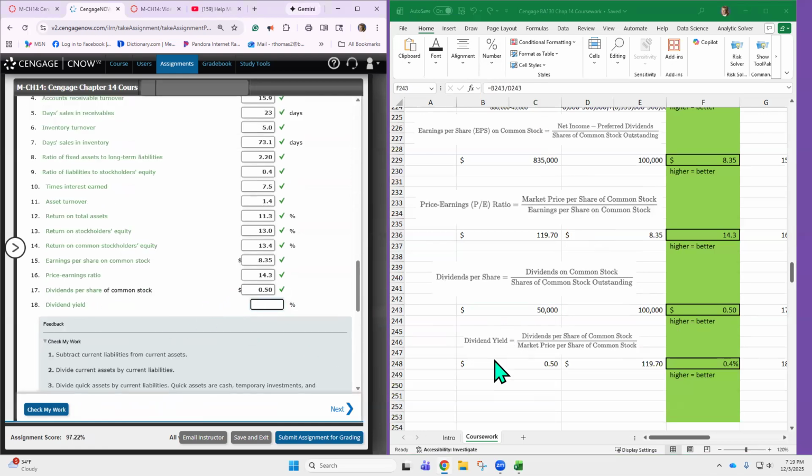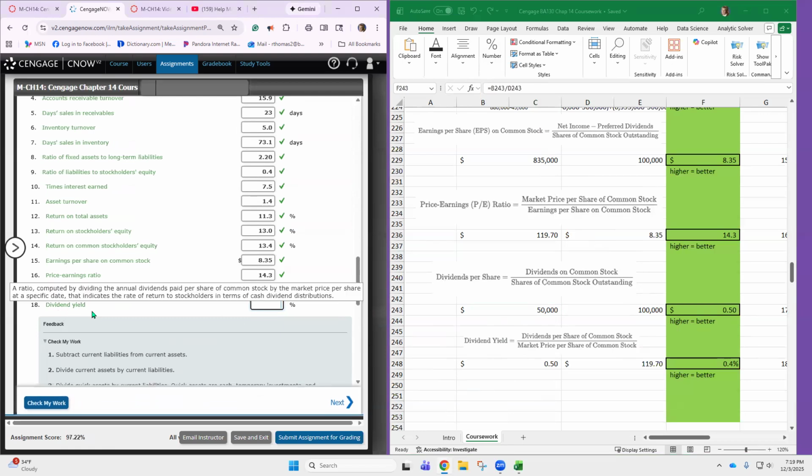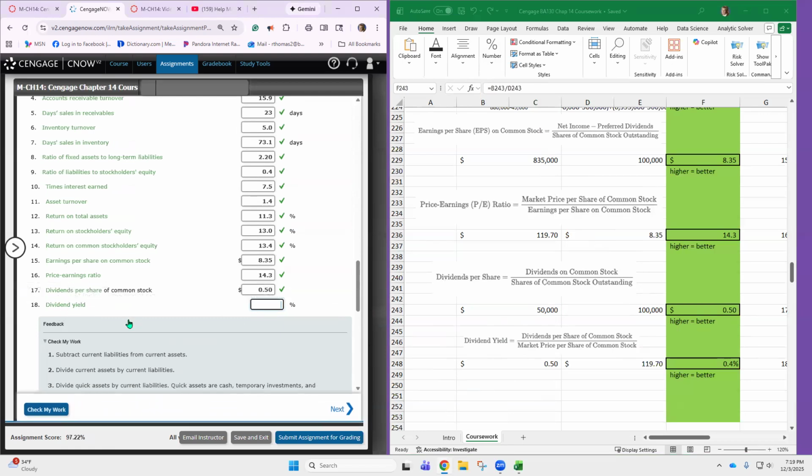Now we're going to do something called dividend yield. When you see the word yield, it's kind of like the word return. Notice it has a percentage. So sometimes returns are called yields, and it just matters what you're looking at. So we're looking at dividends per share of common stock, which we just found in our last calculation, and then we're going to divide by that market price that we had up here of 119.70.